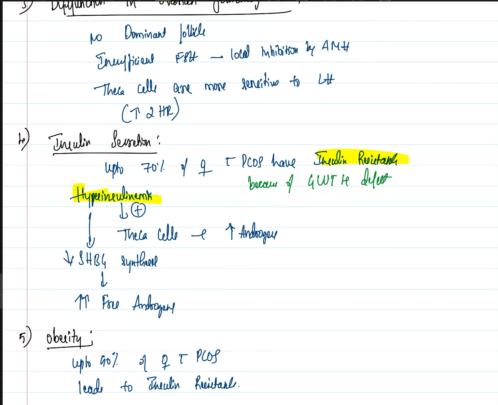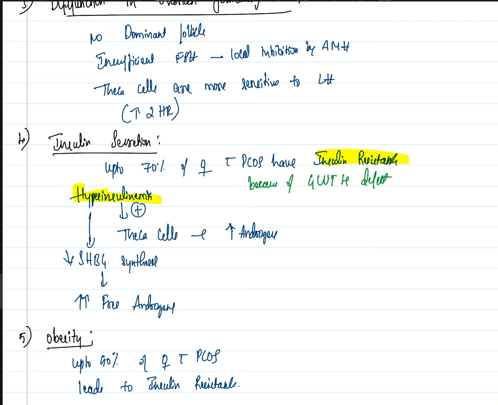Up to 70% of females with PCOS have insulin resistance. This could be because of the GLUT4 defect. Whenever there is insulin resistance, there is hyperinsulinemia. This hyperinsulinemia causes decreased sex hormone binding globulin synthesis, and that leads to increased free androgens.